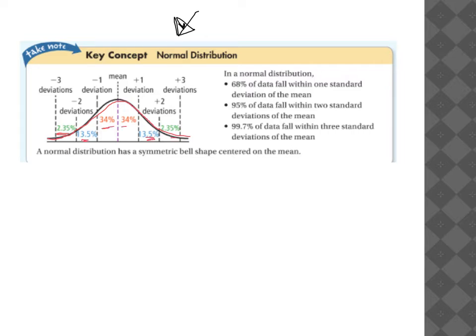So within one standard deviation is 68% of the data, 34% on each side of the mean. Within two standard deviations is 95% of the data. And within three standard deviations is 99.7% of the data from the mean. Again, normal distribution has a bell shape with the center being on the mean.